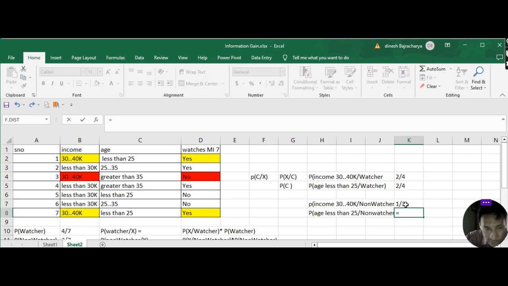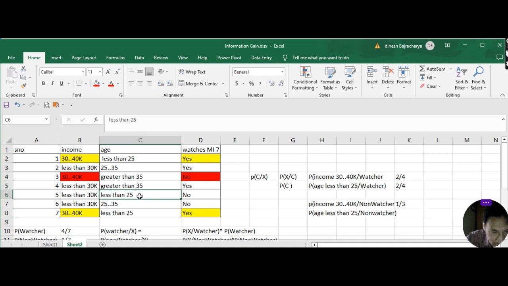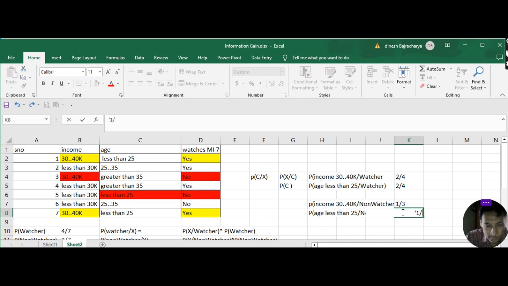Similarly, for age less than 25, there is only one record among non-watchers. Let's make this red again. So this is also 1 by 3.